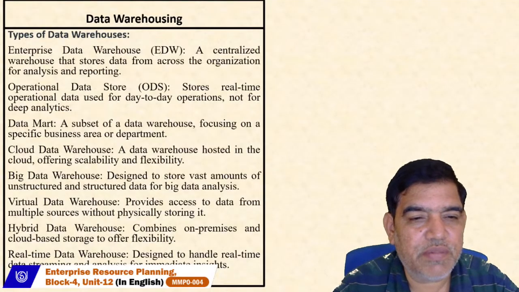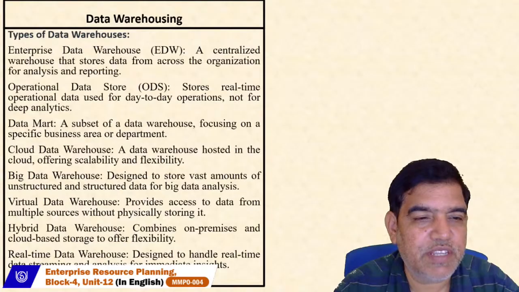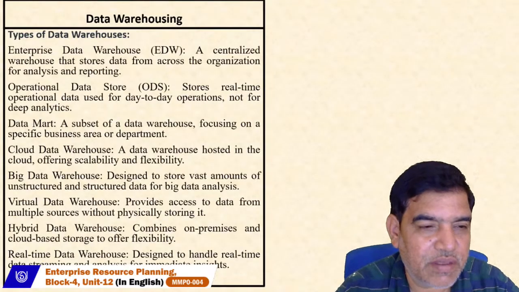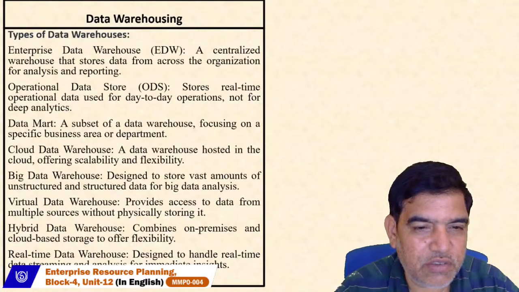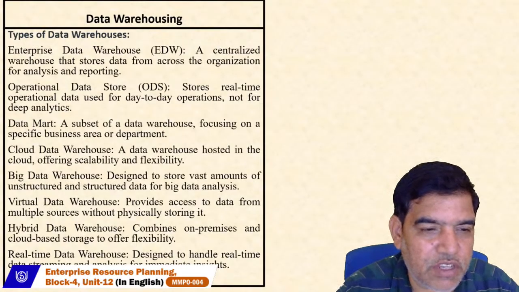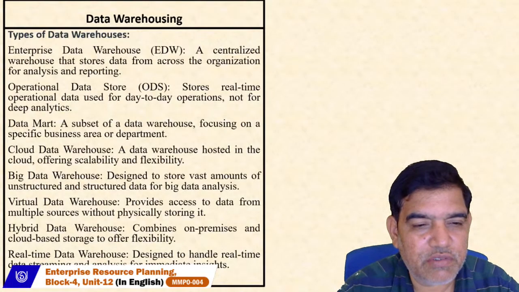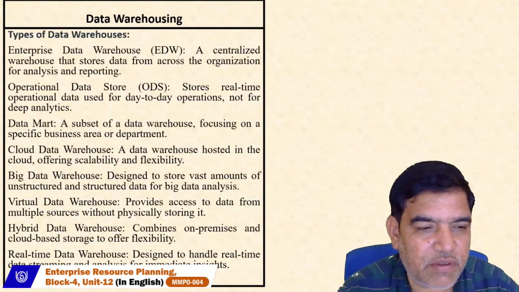Data mart: a subset of a data warehouse focusing on a specific business area or department. Cloud data warehouse: a data warehouse hosted in the cloud, offering scalability and flexibility. Big data warehouse: designed to store vast amounts of unstructured and structured data for big data analysis. Virtual data warehouse: it provides access to data from multiple sources without physically storing it.